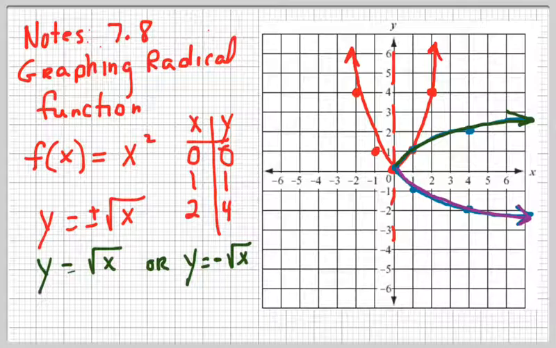Notice our original function f of x equals x squared does not give us an inverse function. However, we spoke about domain and range today in class and how we calculate those. We can force a different domain on our original function. In this case, the original domain for f of x equals x squared was all real numbers.